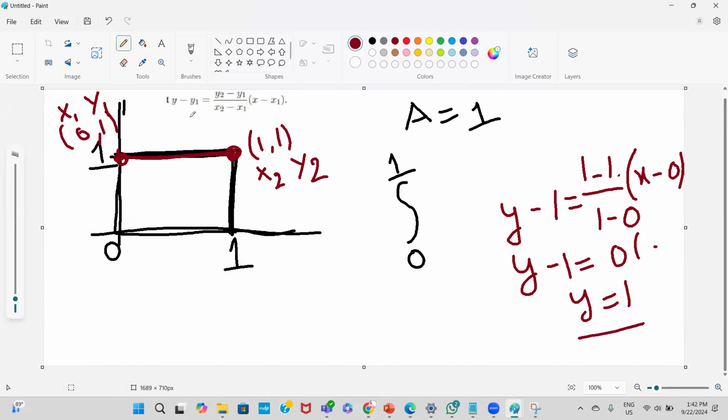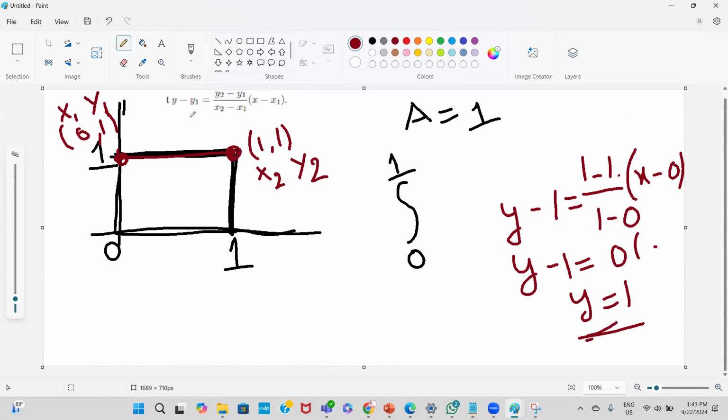Now I have to integrate this. I'm doing this along the y-axis, so this is the integration. F of y is just 1 here, so y is equal to 1.